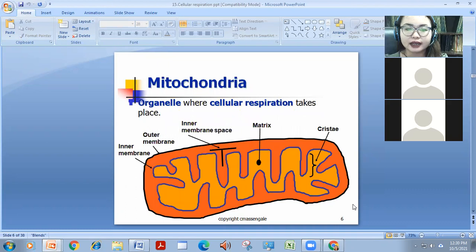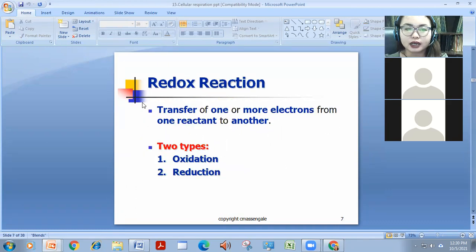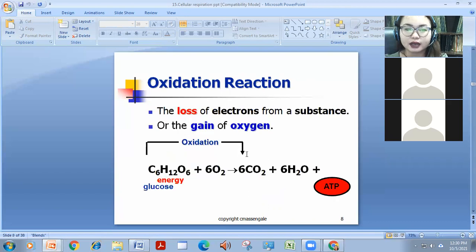So we also have a redox reaction, not the same as photosynthesis, wherein there is transfer of one or more electrons from one reactant to another. There are two types of this redox reaction: from red we have reduction, and from ox, we have oxidation. Oxidation is the loss of electrons from a substance or the gain of oxygen.